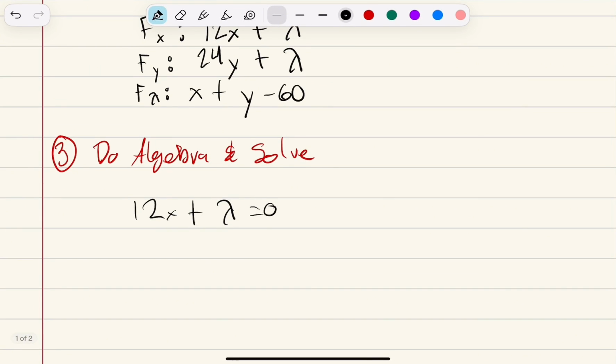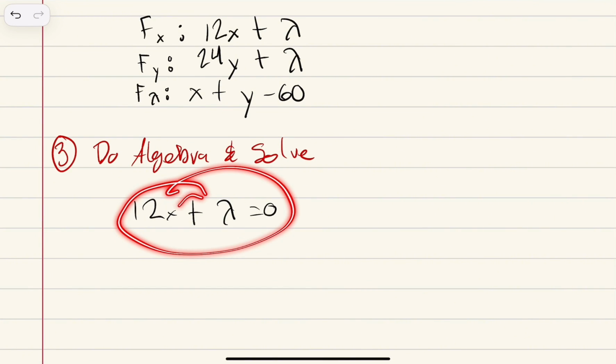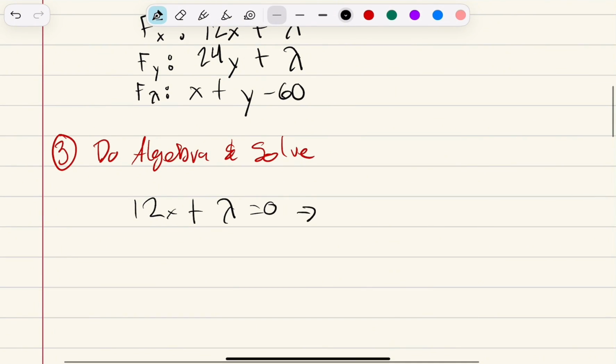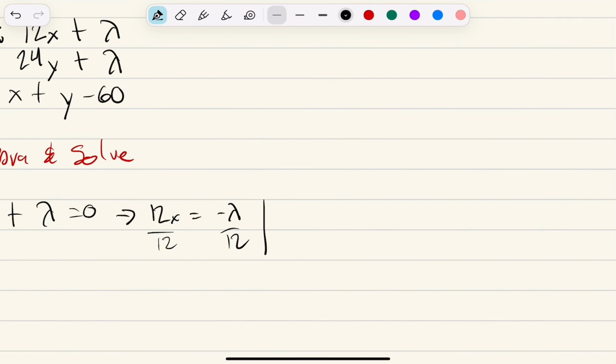And I know that to do the algebra, I have to set these equal to 0 so I can solve for x. An easy way to get the x isolated is to subtract lambda. So we have 12x is equal to negative lambda, divide by 12, and we end up with x equals negative lambda over 12.